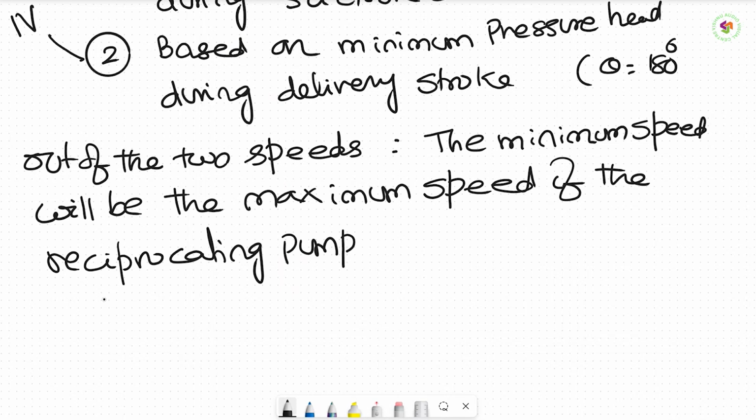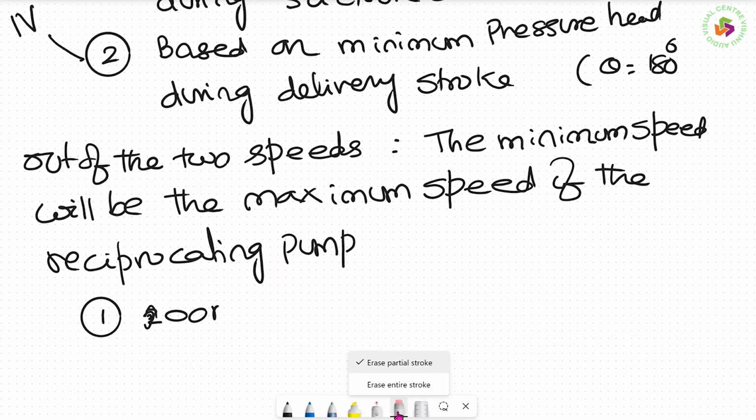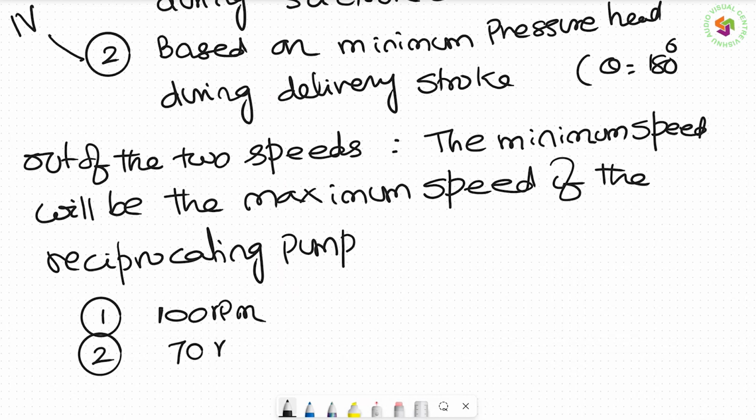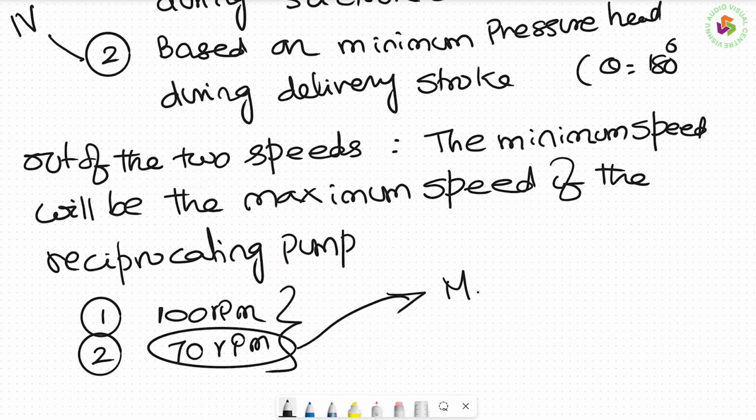Just for example, if you found out one speed is 100 rpm, second one is 70 rpm. Out of this, whichever is minimum, this will be the maximum speed of reciprocating.